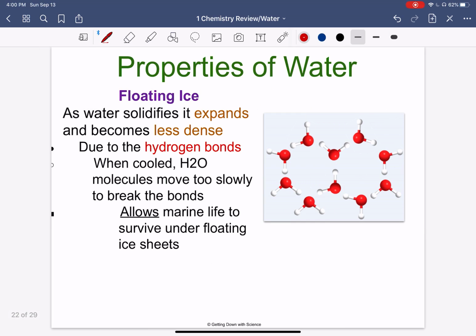All right, so here's another property that has directly to do with hydrogen bonds, and that's ice. If you think of all of these water molecules coming in contact with each other, like in regular water, those molecules are sort of spinning around, wiggling, and they've got certain amounts of energy.